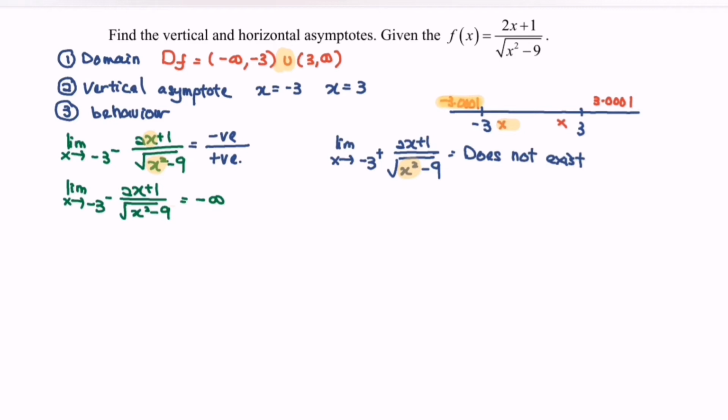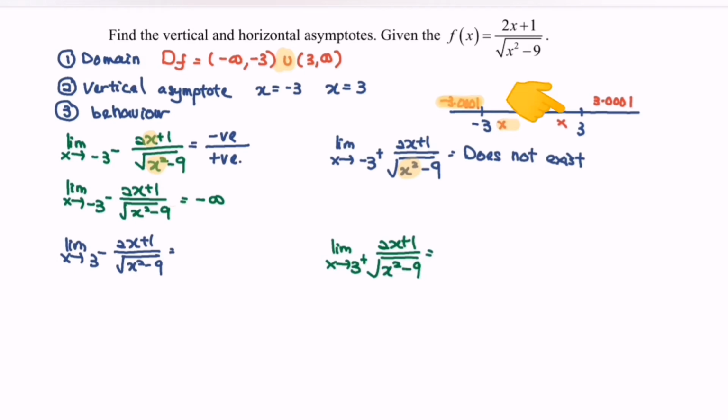Now we are going to discuss the behavior as x approaches 3. The limit when x approaches 3 from the left for the function (2x + 1) over the square root of x squared minus 9. The next case is the limit when x approaches 3 from the right for the same function. Consider 3 from the left: notice that there is no suggested value. Why?